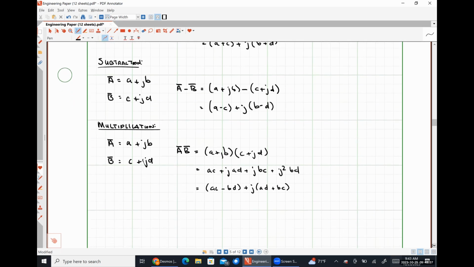Now, let's look at multiplication using exponential form complex numbers.